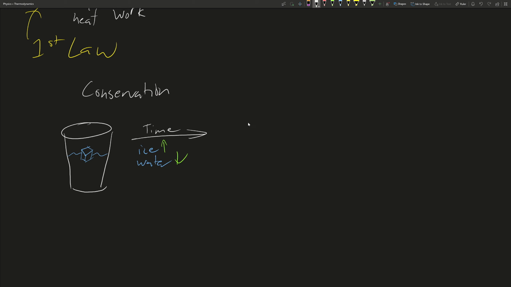And so in the end here, after a long enough amount of time passes, we'll just get cooler water. So this water will be at a lower temperature than this water, but then the ice cube will have fully melted. And this represents thermal equilibrium. So this is equilibrium.